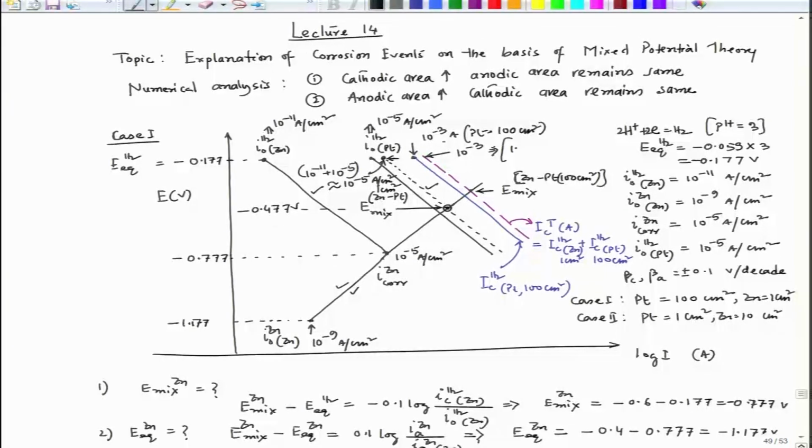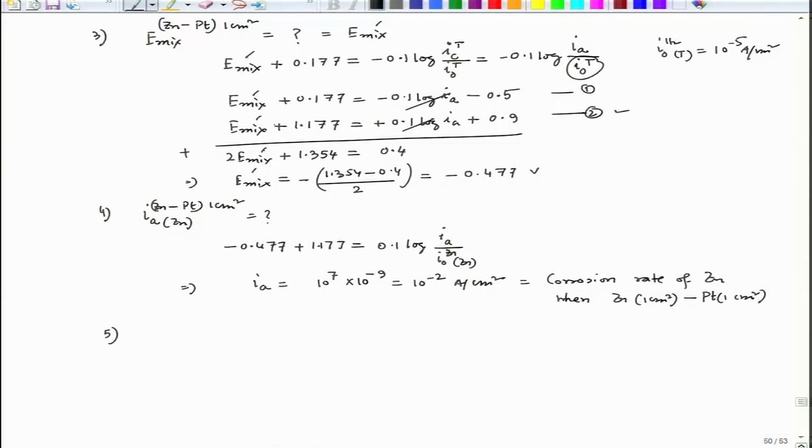So 10 to the power minus 11 ampere plus 10 to the power minus 3 ampere, which is roughly equal to 10 to the power minus 3 ampere, because we change everything to ampere instead of ampere per centimeter square, and then this particular value we can calculate again, the similar practice we can do.